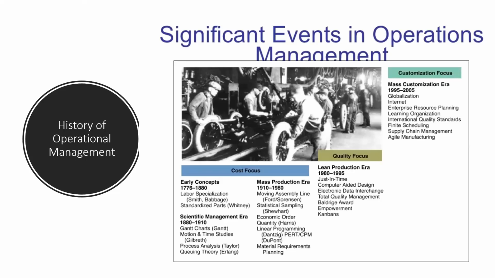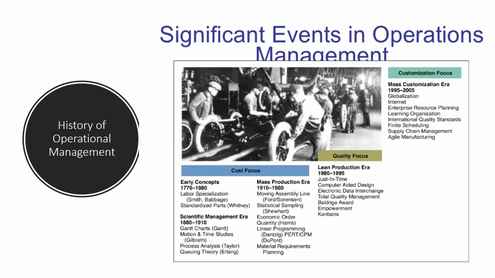So the history of operational management has different eras. We have the concept from very early, since 1776. So we have the cost focus, and then they moved to the area where they focus now on quality. And after that, they do customization, where factories are in place, and you do a lot of things in the factory, mass production, packaging and things like that.